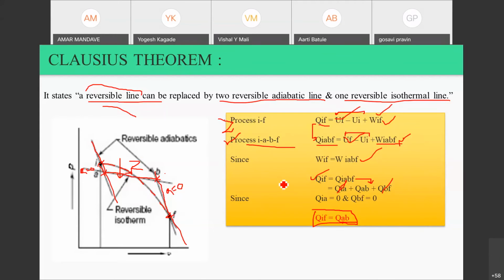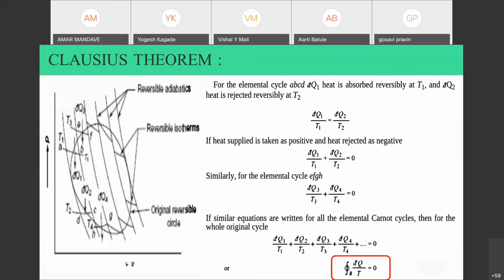Now this principle is again applied to the next thermodynamic cycle. Consider one thermodynamic cycle. You can see in this diagram this circle, which is known as the thermodynamic cycle.